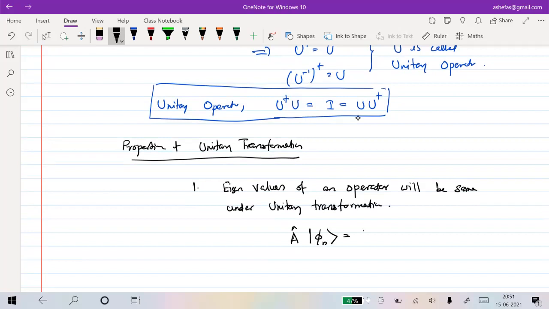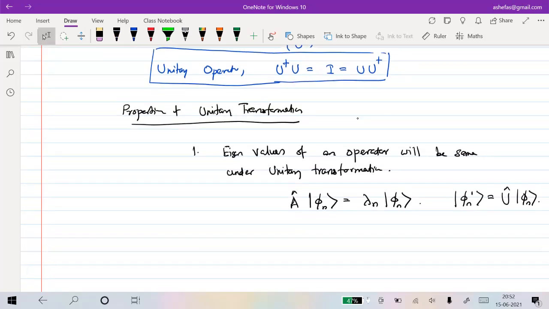Suppose you have some operator A acting on phi n gives lambda n phi n. Then if you have a unitary transformation such that phi n is transformed to phi n prime as U acting on phi n, your equation would be: A phi n we can write as U A U inverse U on phi n equal to lambda n U on phi n.